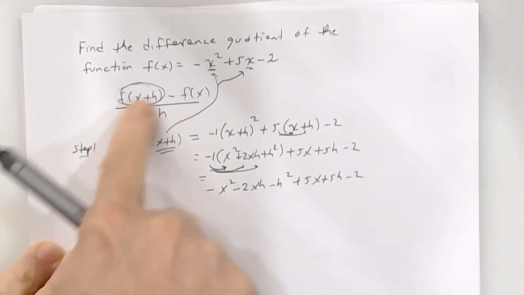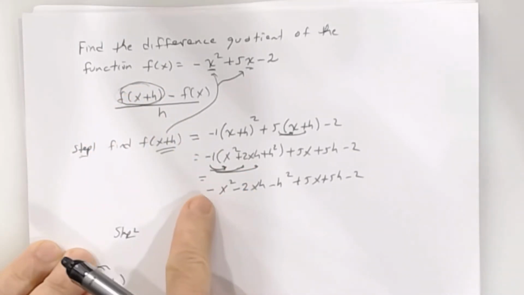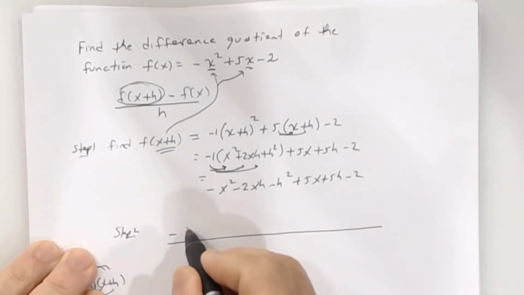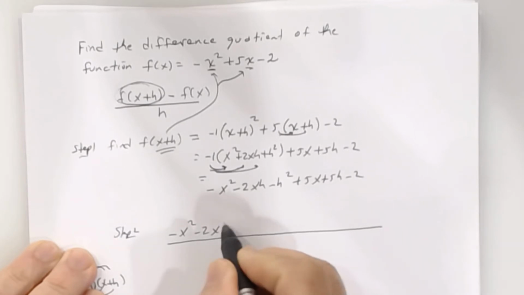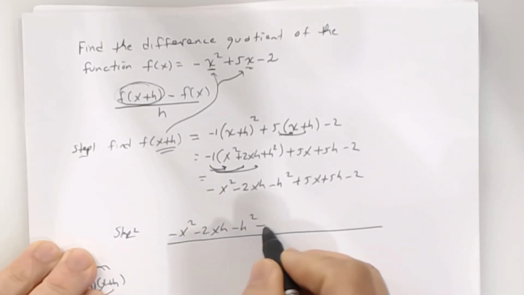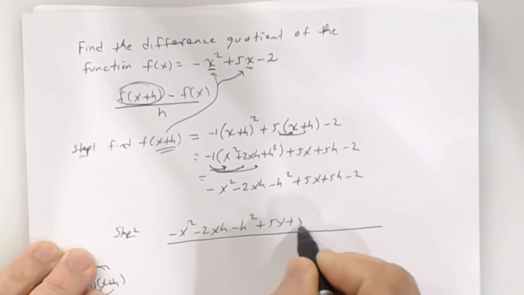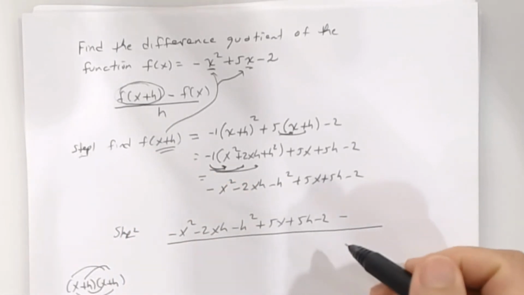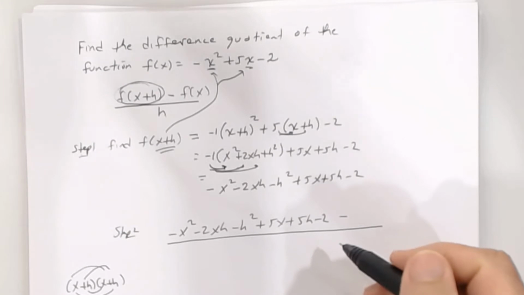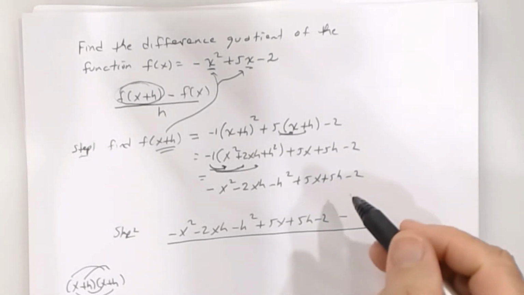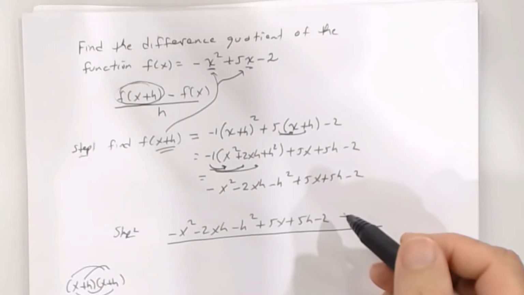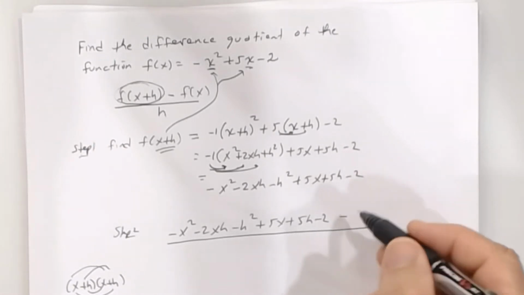So you're going to say f of x plus h, which I just found, that's all of this, minus x squared minus 2xh minus h squared plus 5x plus 5h minus 2. But then you got to subtract f of x. But you got to remember that you're subtracting a polynomial. You're subtracting more than one term, so you got to put that in parentheses.